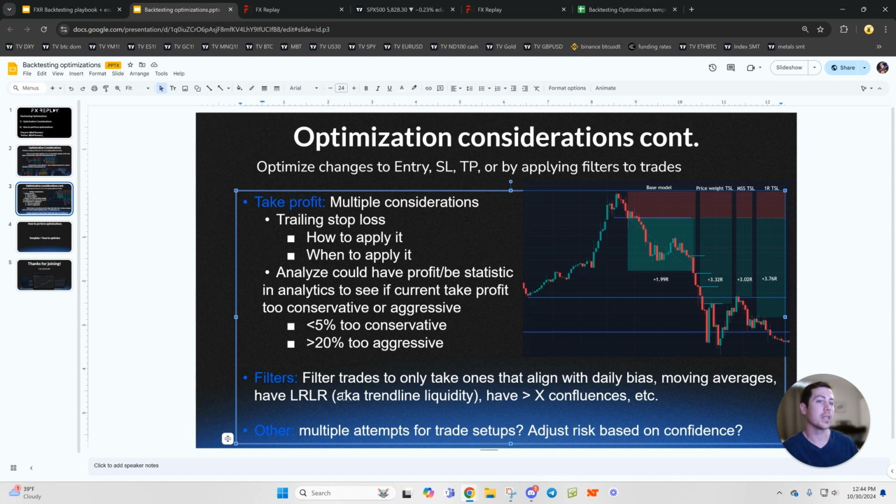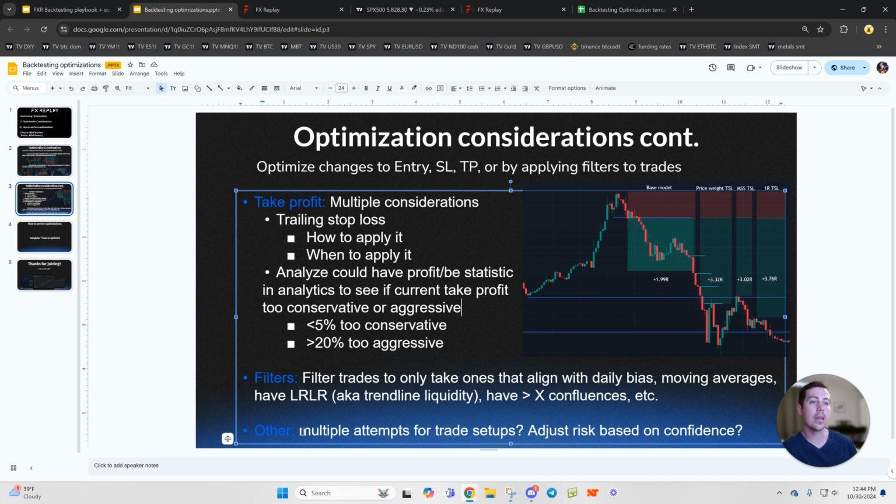Maybe you want to filter for trades that have low resistance liquidity, which is essentially trendline liquidity, or maybe you only want to take trades that have more than 3 confluences. There are different ways to look at filters, and I'll show you guys in the template how to do that as well, to see if it's worth filtering out trades unless they have certain criteria.